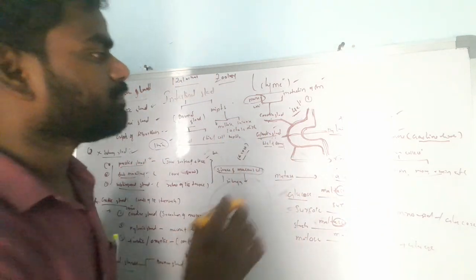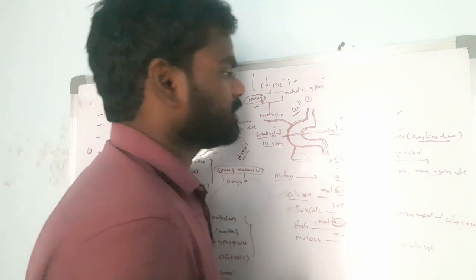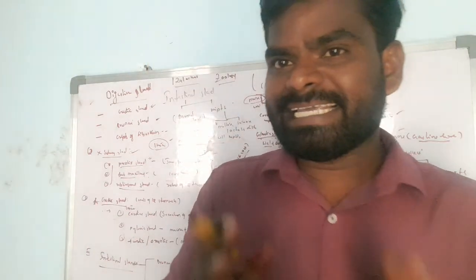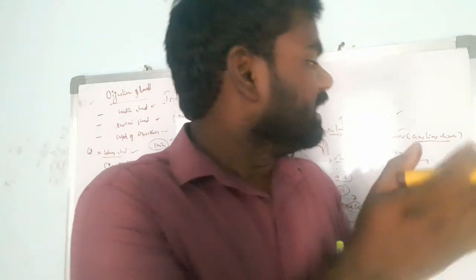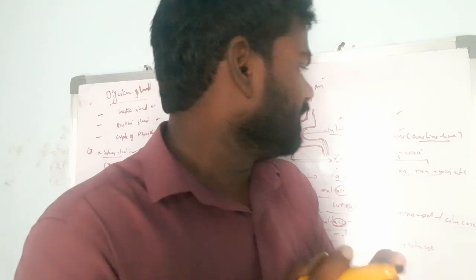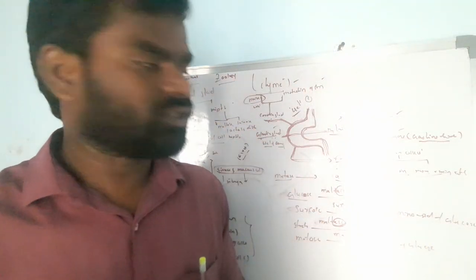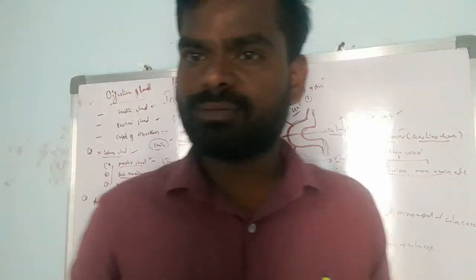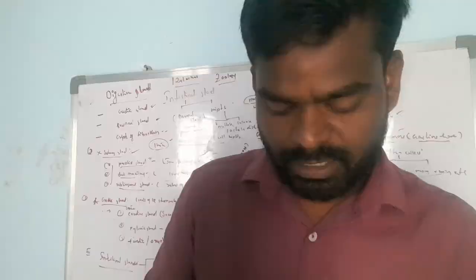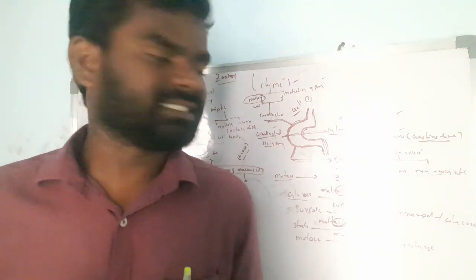And third one, fundic glands. Fundic glands are formed of different types of cells, and they release different types of enzymes, for example pepsin, pepsinogen, chymotrypsin. These are released by the fundic glands.